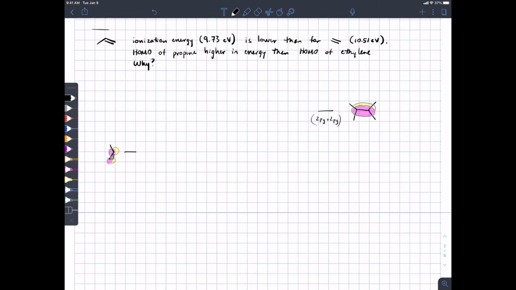In other words, we're conceptually making orbitals for propene by combining groups for ethylene with groups for pyramidal methyl. And we're just taking one of those. There are many other orbitals that we could mix together, but specifically we're focusing in on the 2py plus 2py orbital, which was the pi bond, right?